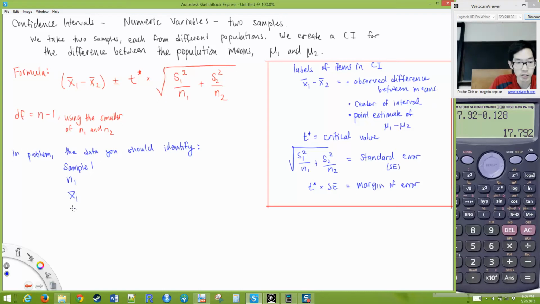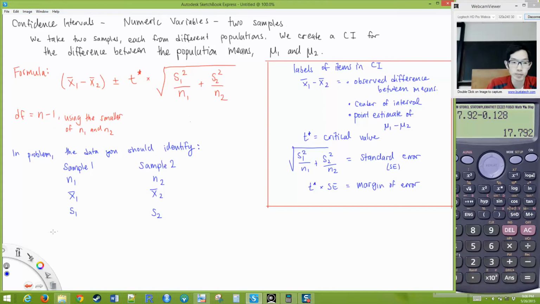And from sample 2, you need n2, x bar 2, and s2. You need these 6 pieces of data inside your problem, and you're going to plug them into your formula to get your confidence interval.